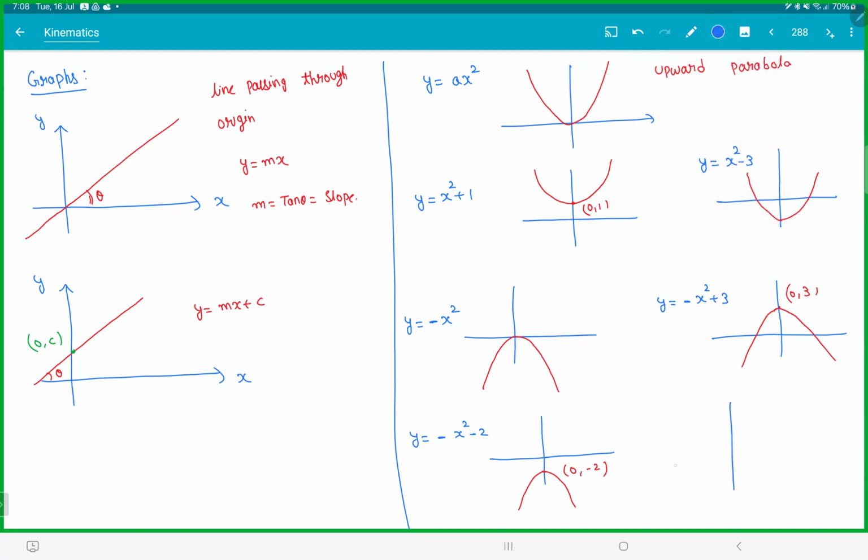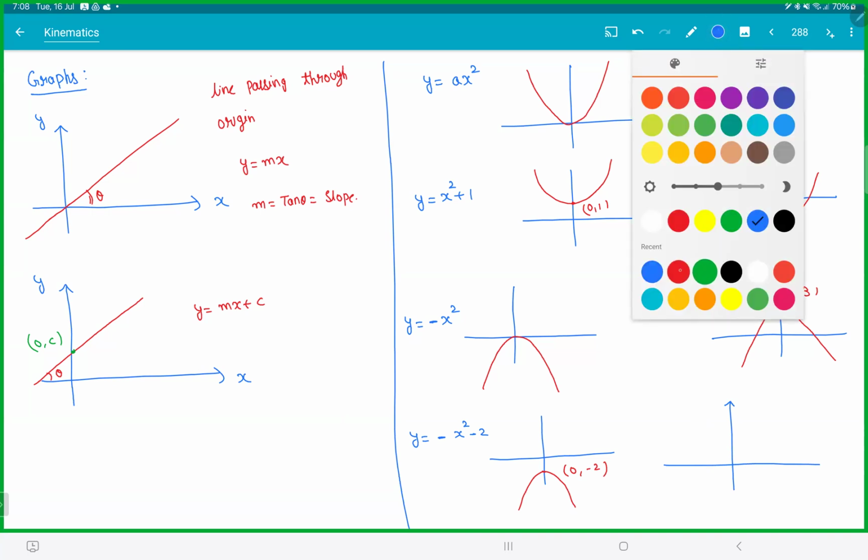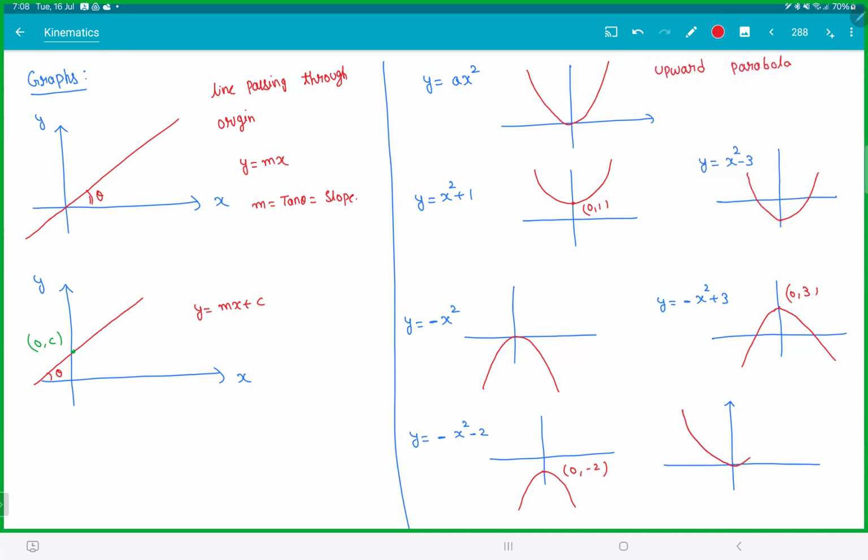What is the difference between y = x square and y = 2x square? If this is y = x square, then for y = 2x square the parabola will be closer. The value will rise faster, so it will get closer like this. Have a look at this page.